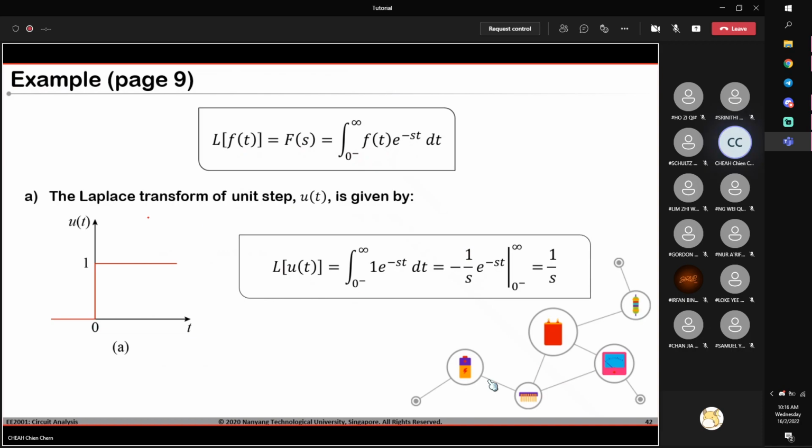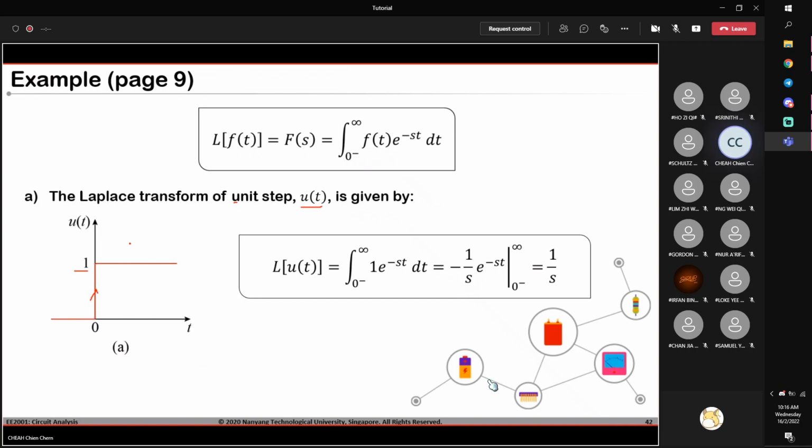Okay, and in your notes, you have a few examples. These are some standard signals which are commonly used. For example, u(t) means a unit step function. Unit means 1. Step means that you change it suddenly from 0 to 1 at t equal to 0.